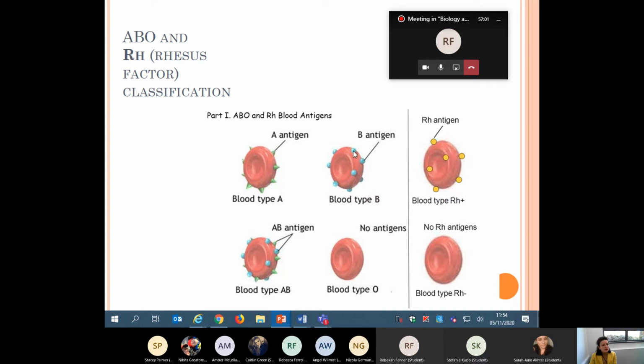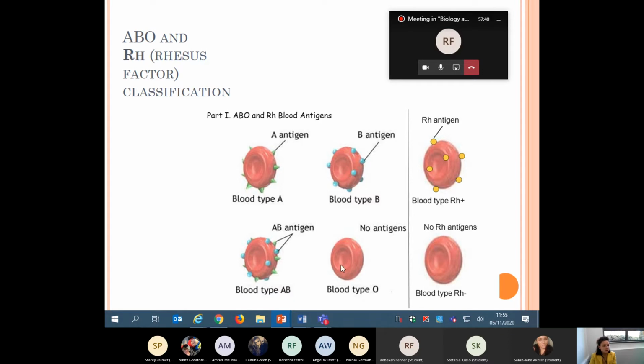So if you have a different shape of protein, and somebody has that particular type of protein on the surface of their red blood cells, they are known as having blood group B. And then you could also have a situation where somebody's red blood cells contain both types of antigens, both shapes of proteins, and they're known as having blood group AB.